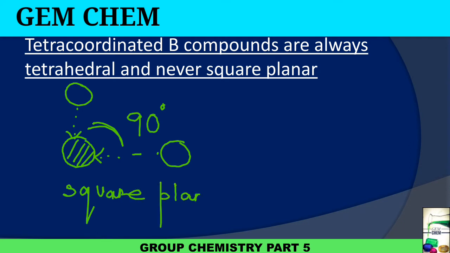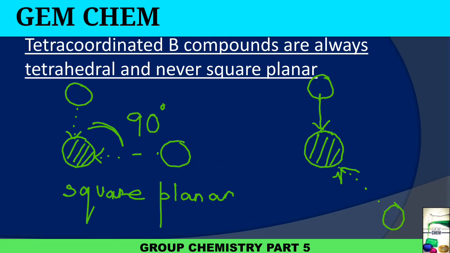And if we consider tetrahedral, this is our boron and it will be approached from this side as well as from this side, right? So the angle of approach comes to be 109.5 degree. This is tetrahedral.